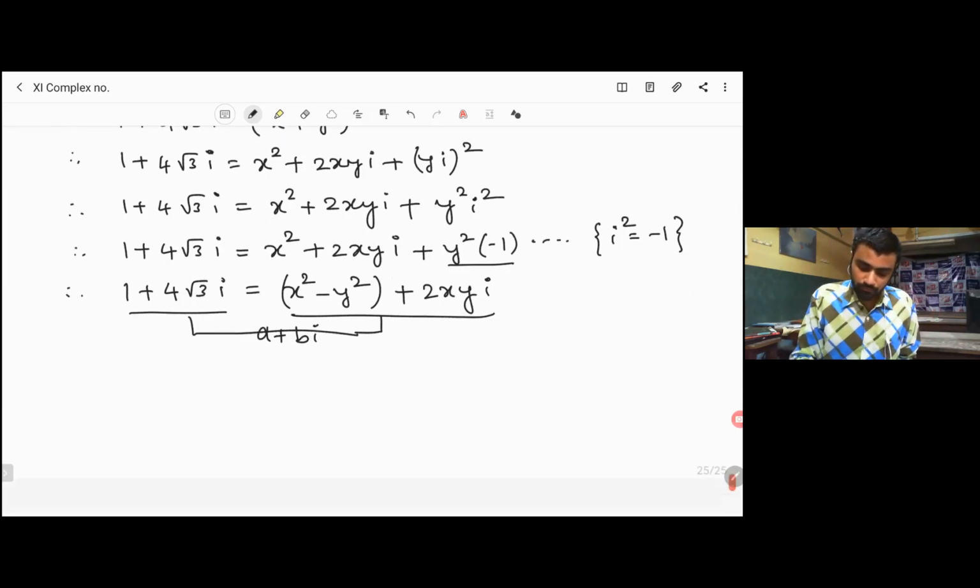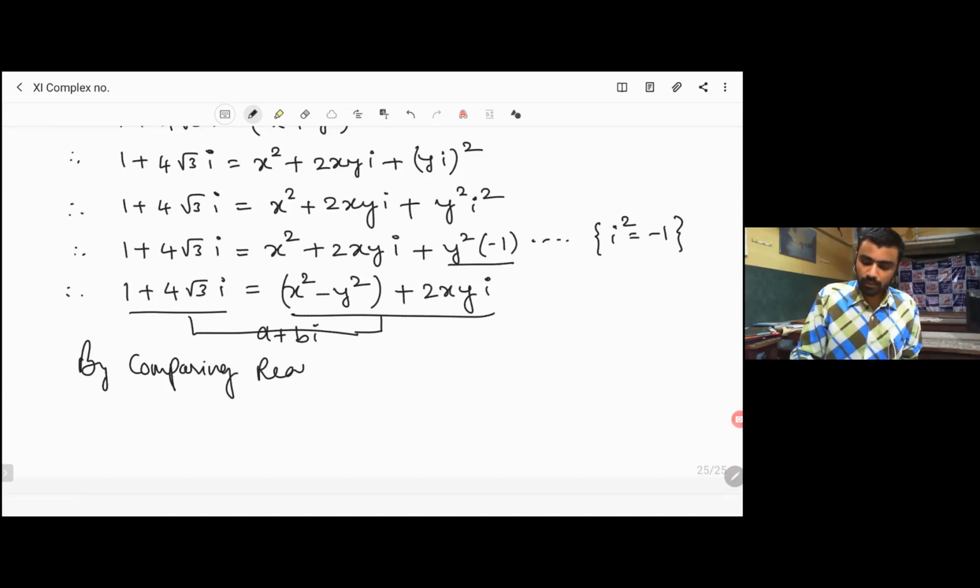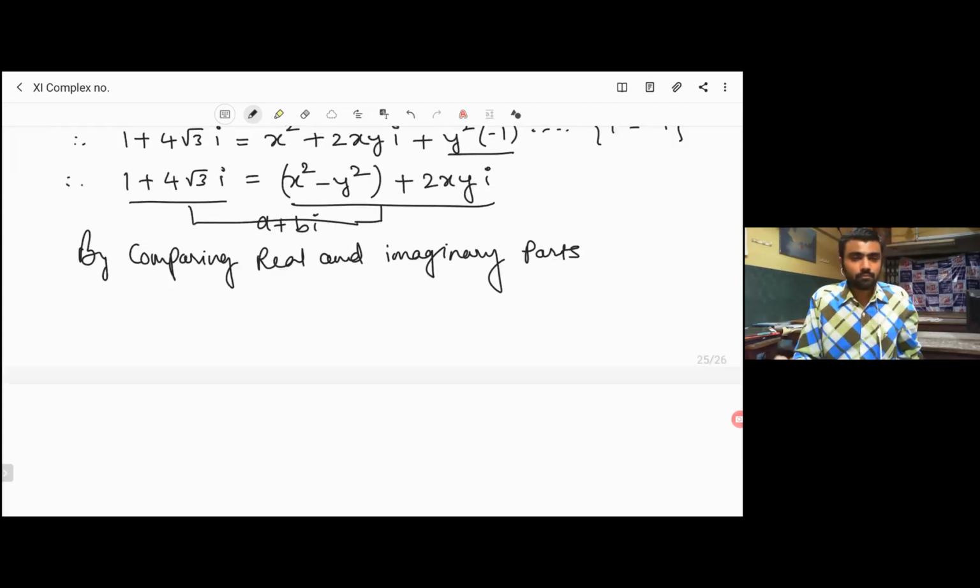So by comparing real and imaginary parts, we get 1 is equal to x square minus y square.